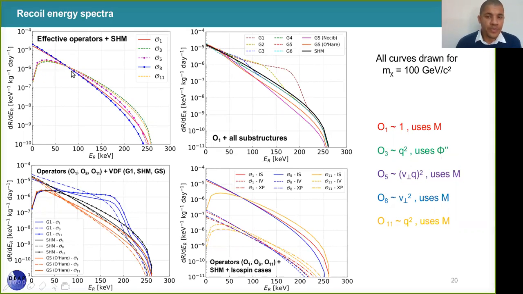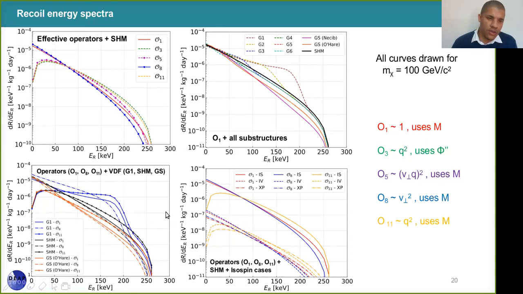And for the second plot, where we use the spin-independent interaction or O1 operator with all the substructures, as you might notice, the fastest substructures produce these bulges in the rate.